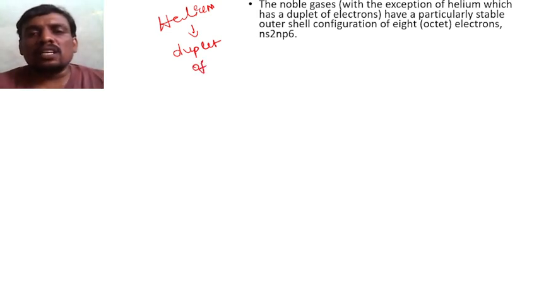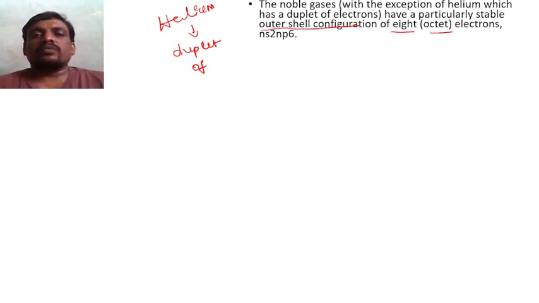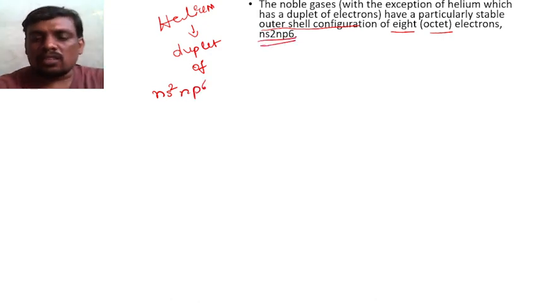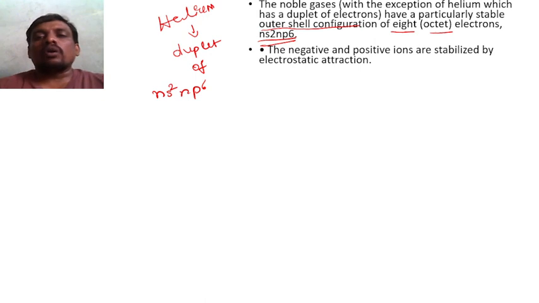A particularly stable outer shell configuration is reached only with 8 electrons, or an octet, which means 8 electrons formed with the configuration ns2 and np6. Here you can see 2 plus 6, 8 electrons, giving the octet structure configuration.